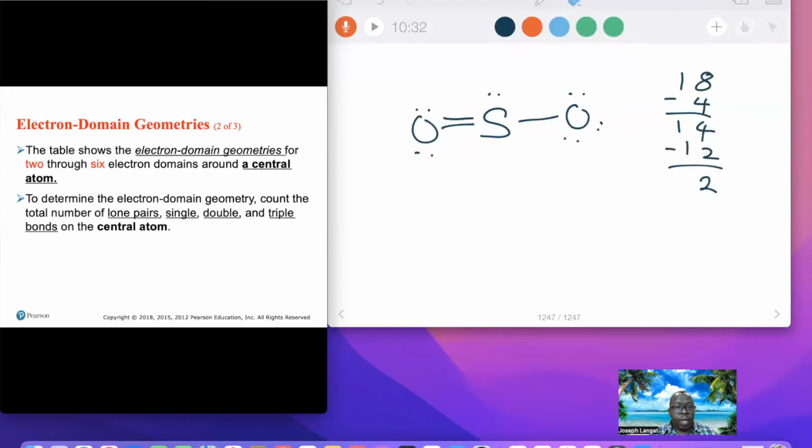So if you look at the central atom, we count the domains: 1, 2, 3.